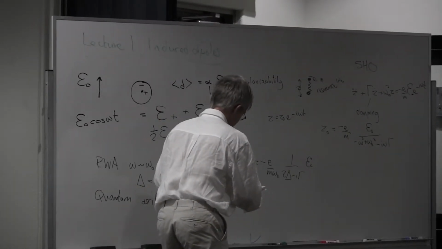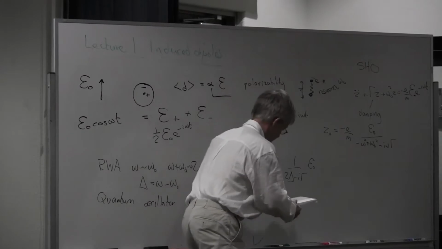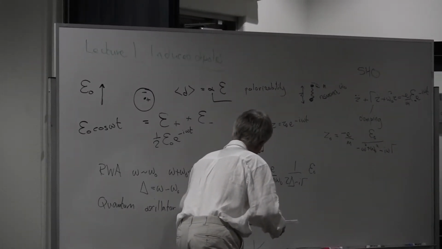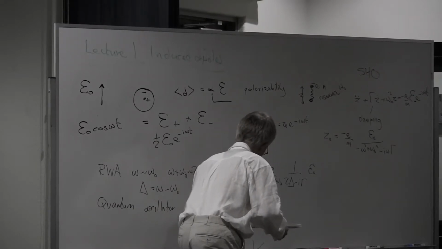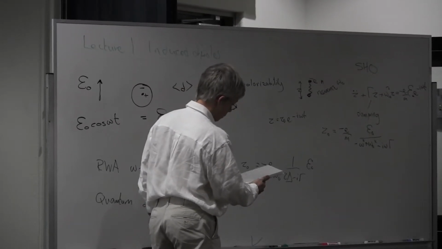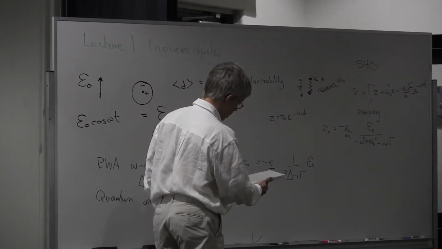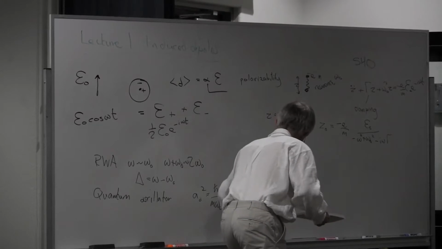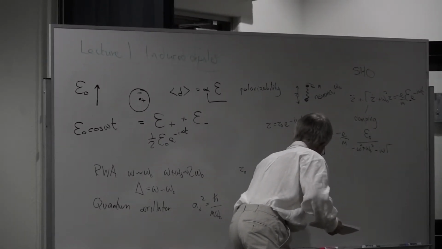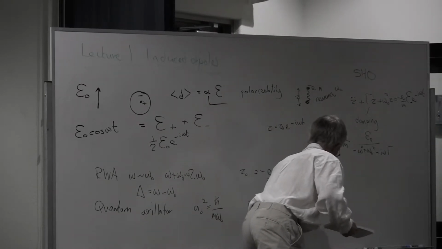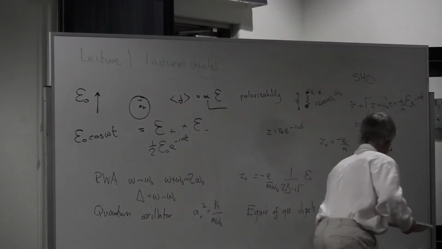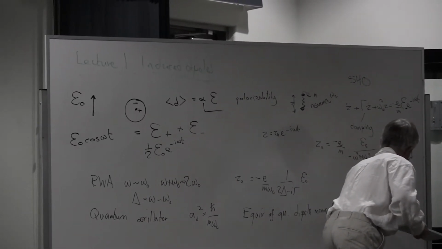So what I can do is take this term here. I have my length scale of a quantum oscillator, a harmonic oscillator length, a naught squared equals h bar over m omega naught. Then I define an equivalent of the quantum dipole moment, where d naught equals minus e a naught.